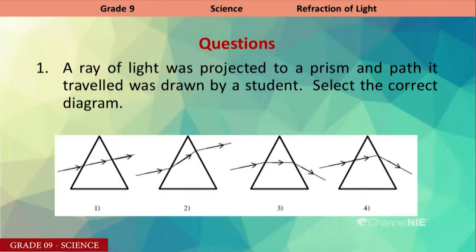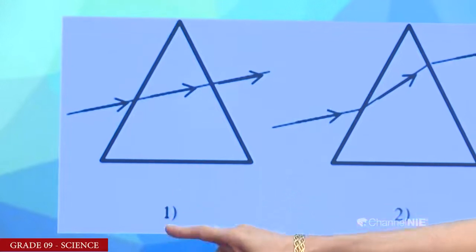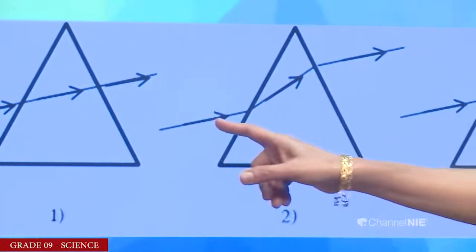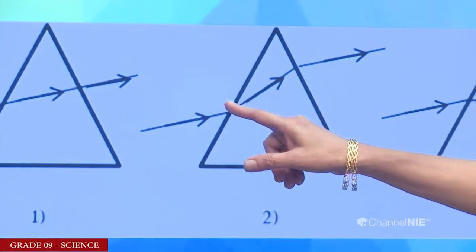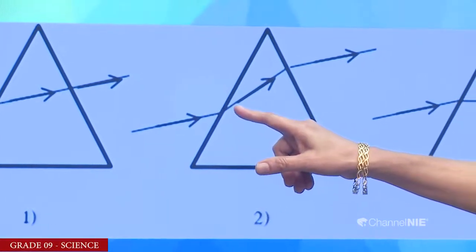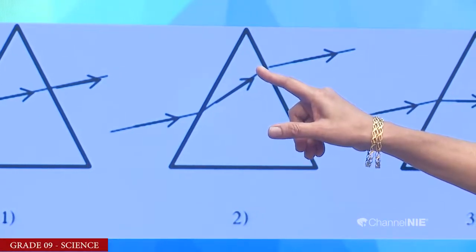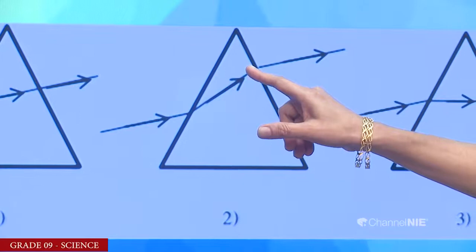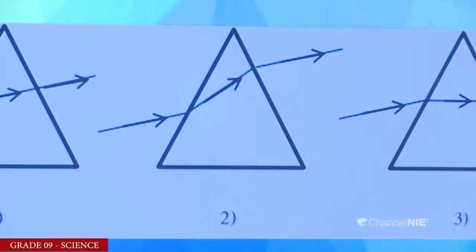No. Now you know the light ray is bending here. So, answer 1 is wrong. Here, this is the incident ray. If you draw the normal like this, you can see the refracted ray is bending away from the normal. So, can it happen? No, it bent towards the normal. So, this is also wrong.